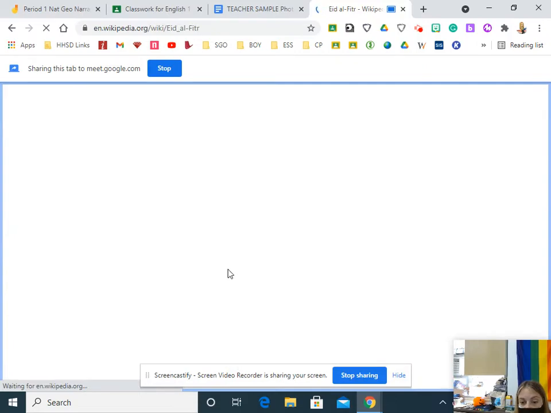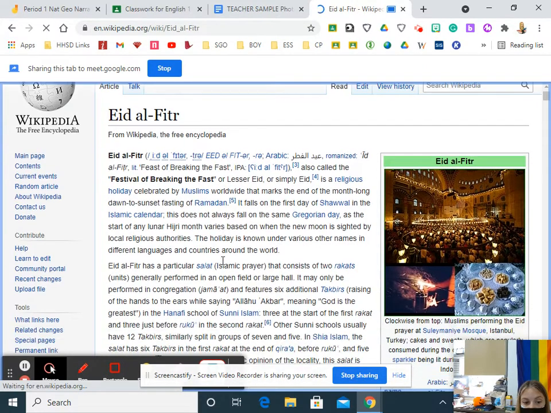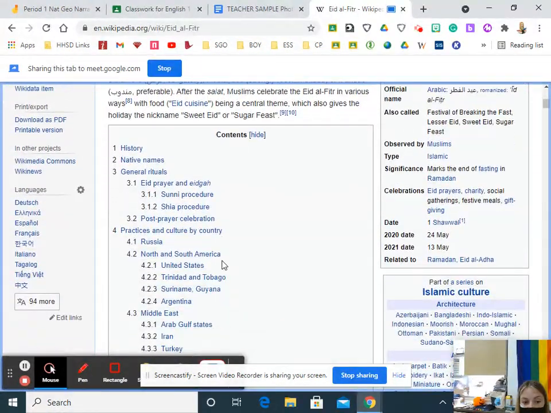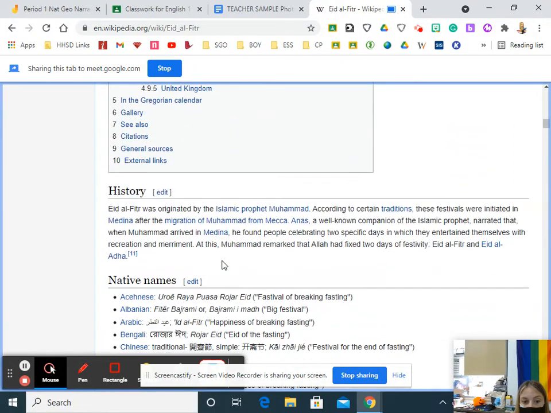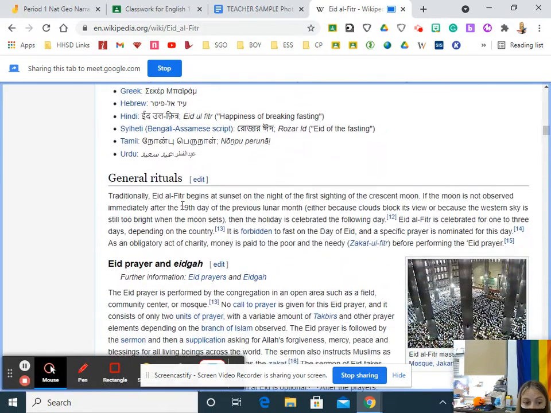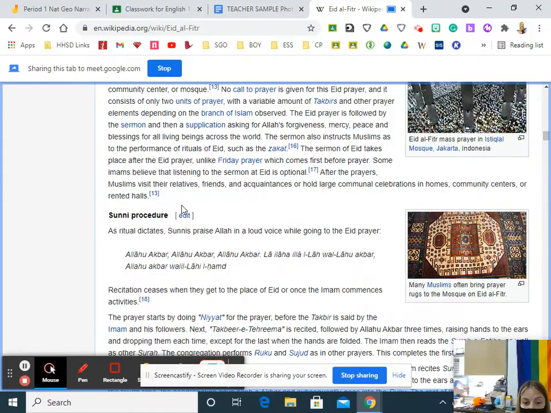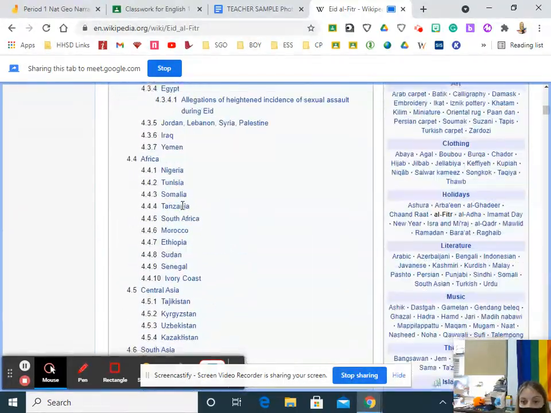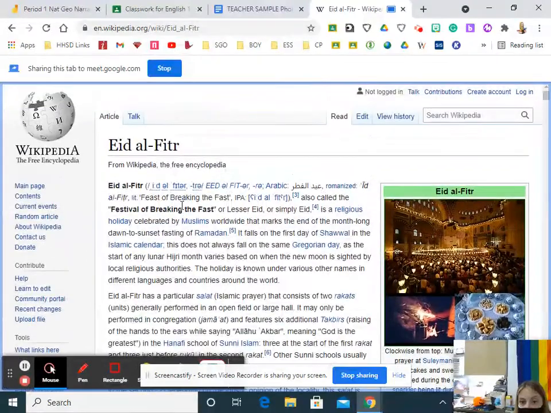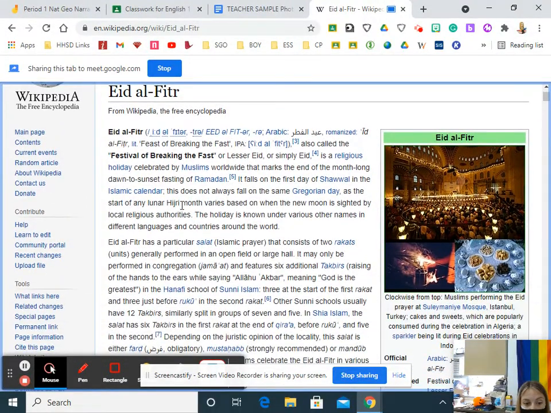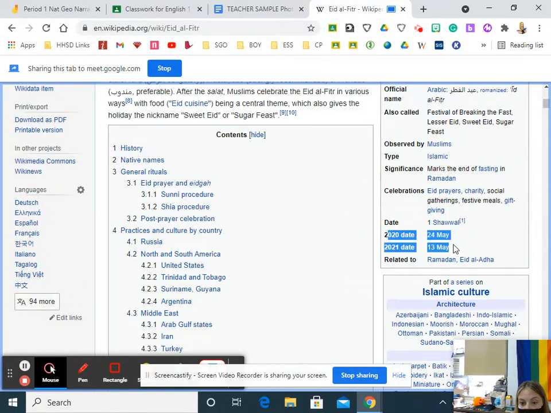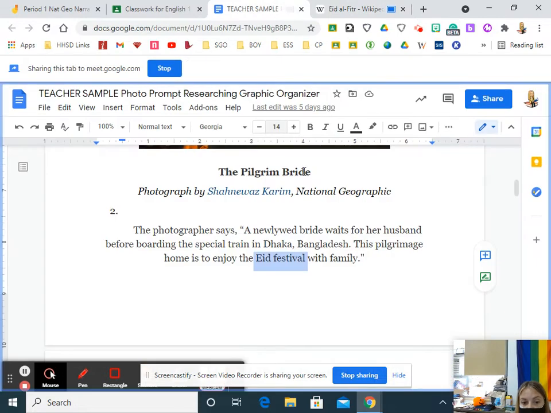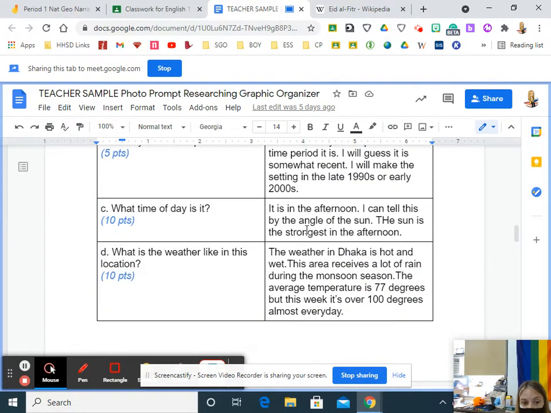So if I use Wikipedia, I'm going to do a little bit of reading. I'm going to learn a little bit more about Eid and what it is. And up here, it's going to tell me a little bit about what time period of the year it is. And that's where I can use, where did it go? Here it is. So now I can use that when I'm filling out my graphic organizer.